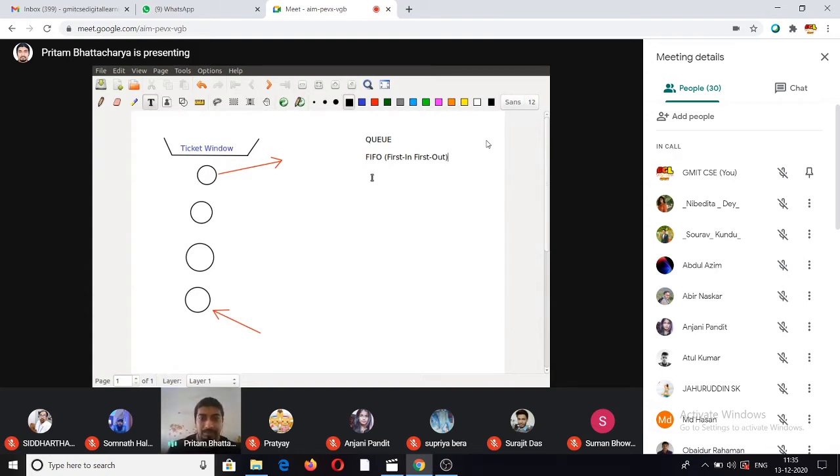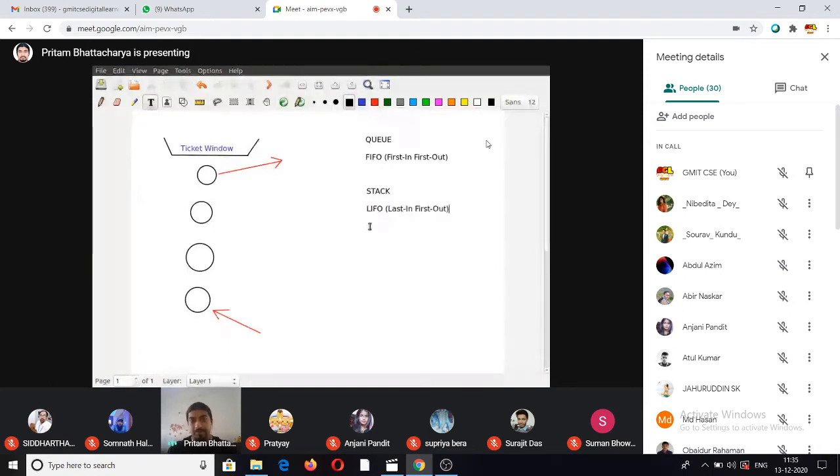Right. Now, just to compare, the data structure that I'll be mostly talking about today is called a stack. Now, in contrast to queues, stack is known as a LIFO structure.